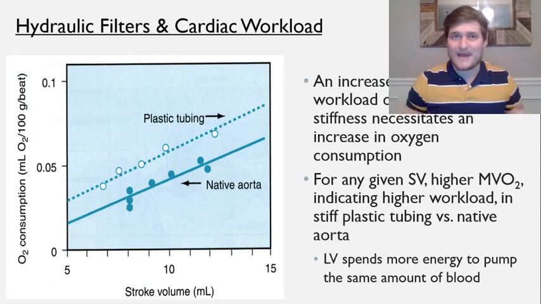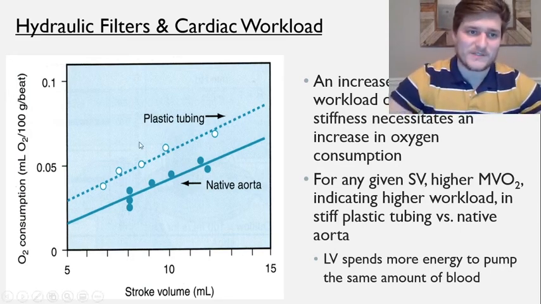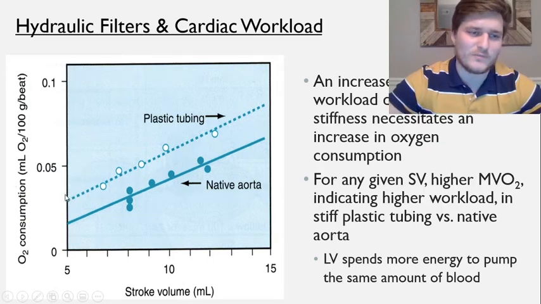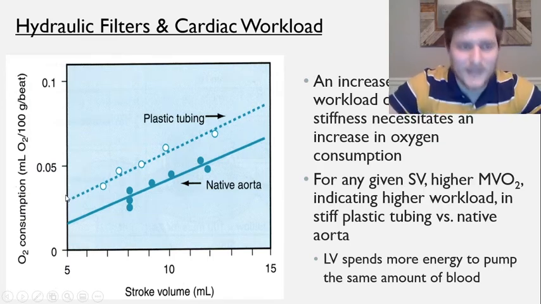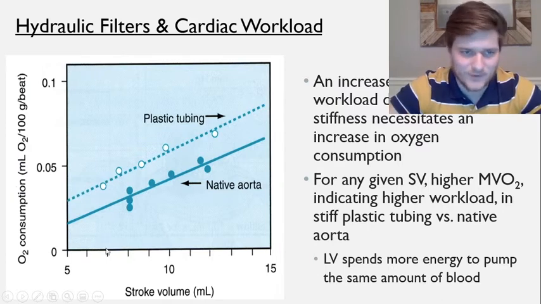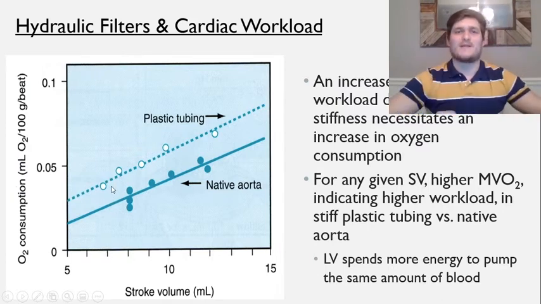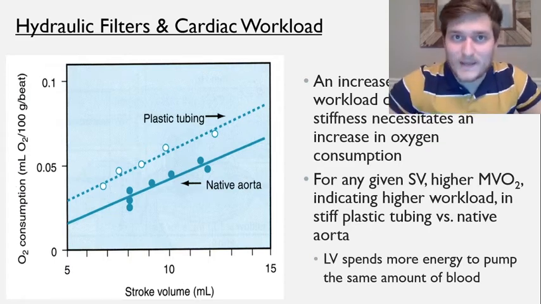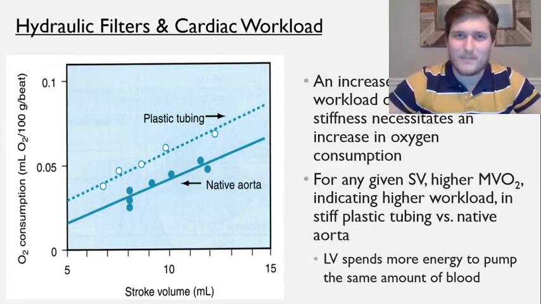And so when you have this increased arterial stiffness, that's what you are seeing: your cardiac muscle is having to consume more oxygen at a given stroke volume in order to keep up with this demand. And so we are spending more energy to pump the same amount of blood.